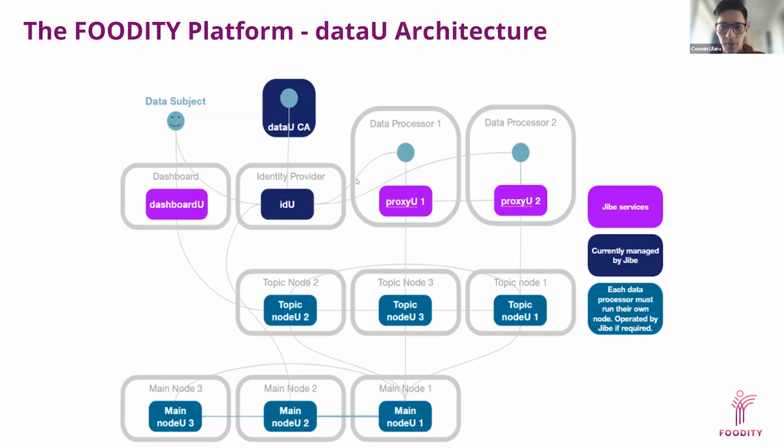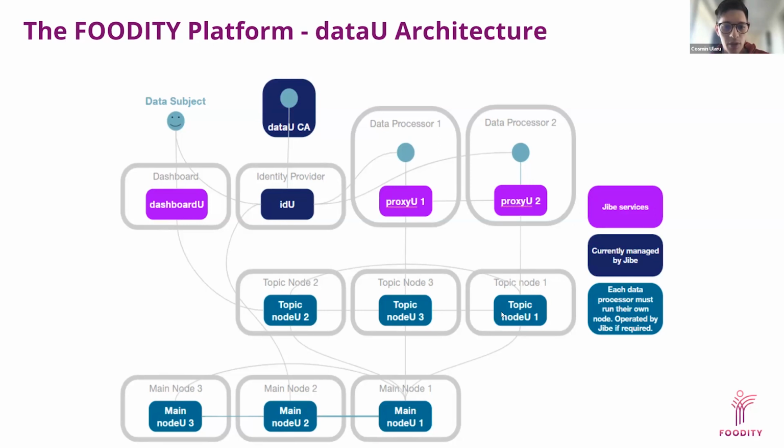And then we have the data processors themselves, and they must run their own proxy instance, but in the first phase we can run these instances for them. These proxy instances will communicate with the DataU nodes, which we see on the bottom, and the nodes of the platform are basically blockchain nodes divided into two categories: the main nodes and the topping nodes.